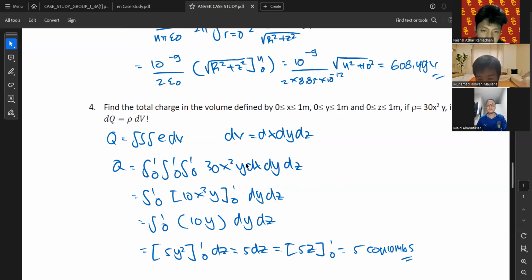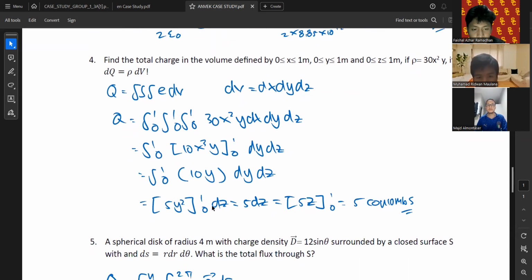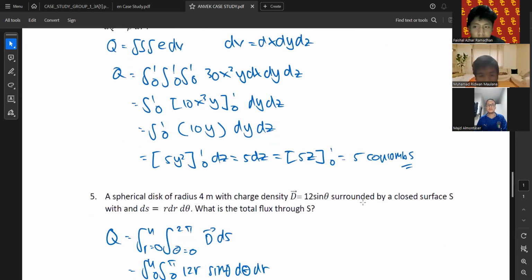We integrate the x first and then the y: integral y from 1 to 0 multiplied by 10y dy dz, and the last is to integrate dz. We get 5y squared from 1 to 0 dz. We get 5 dz, and 5z from 1 to 0 is 5 coulombs.